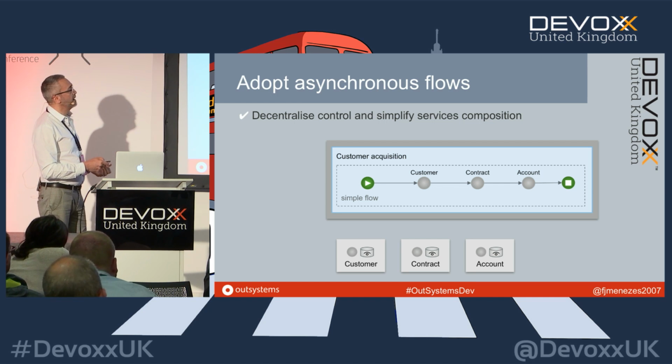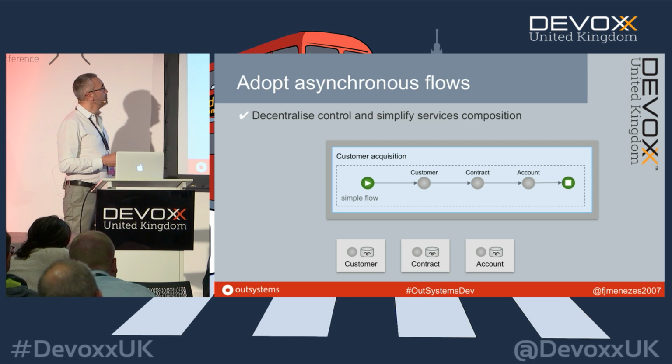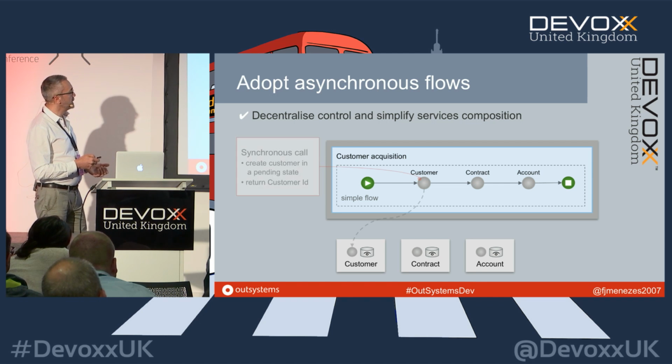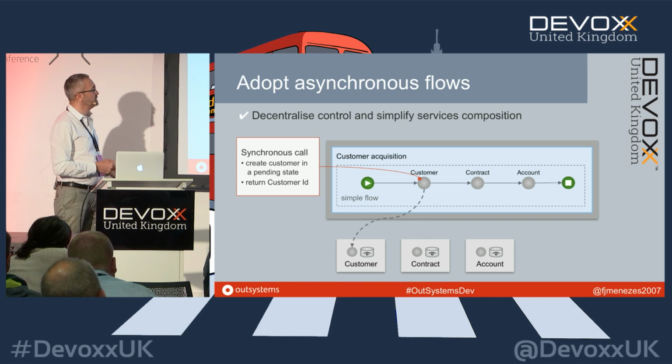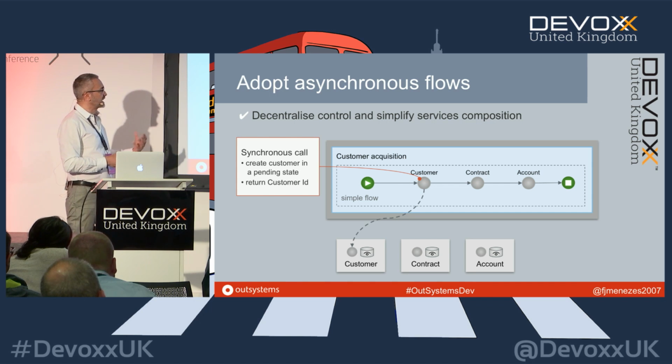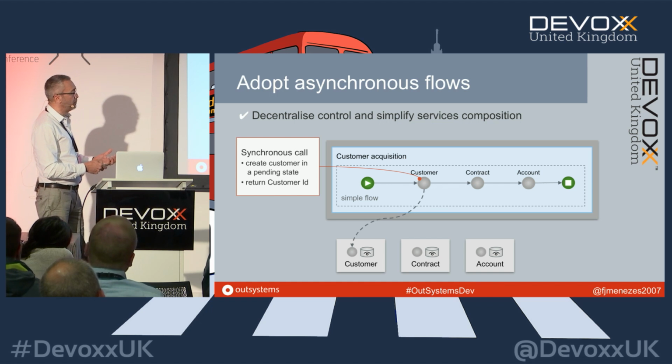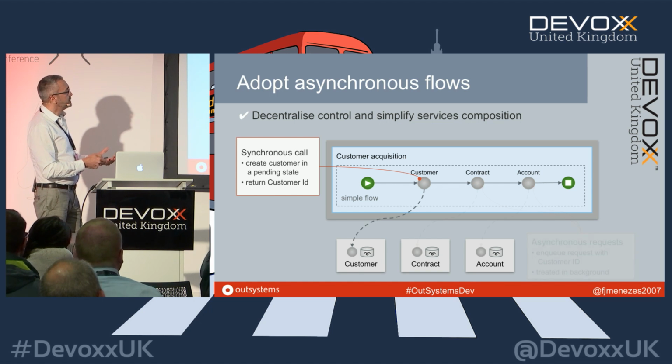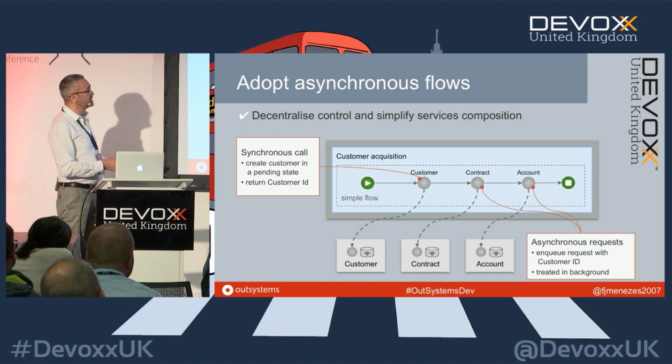So I actually have to chain these calls, but what I'm going to do now is that the first call needs to be synchronous, because I need to get an ID to pass to the other services, but I'm not going to try to make sure that the customer is created. I'm going to create the customer in a pending state. Right? And the remaining calls now are asynchronous requests.